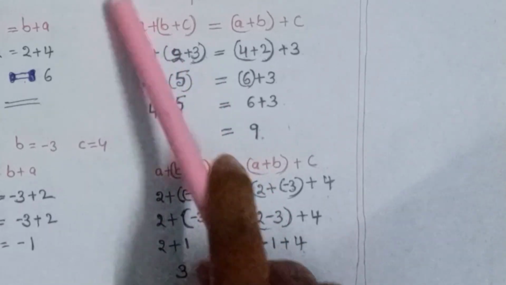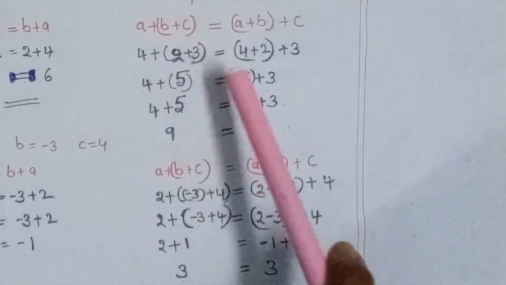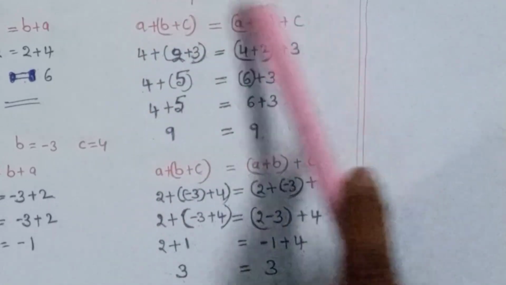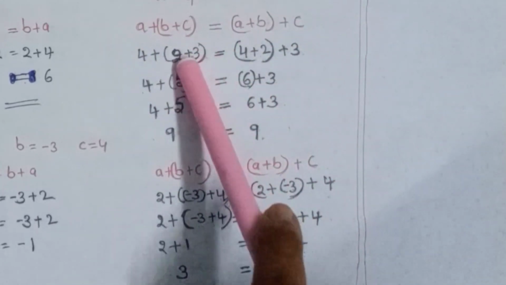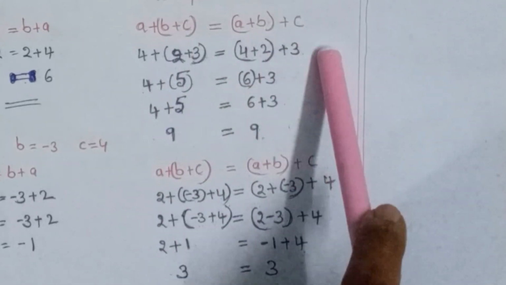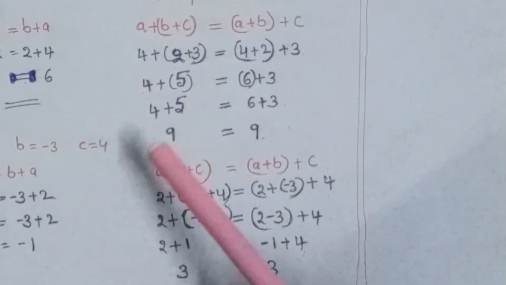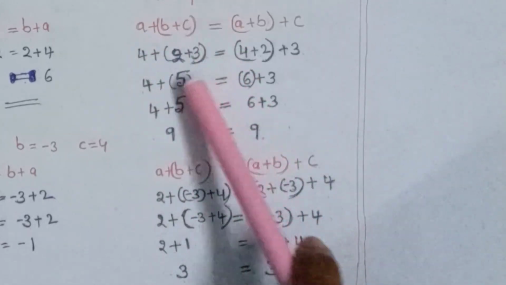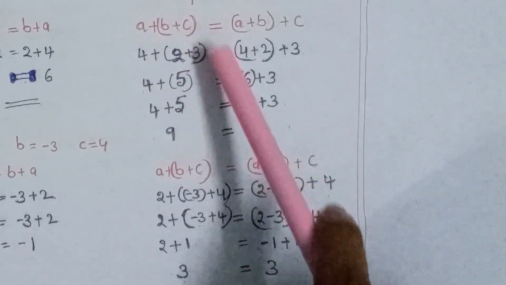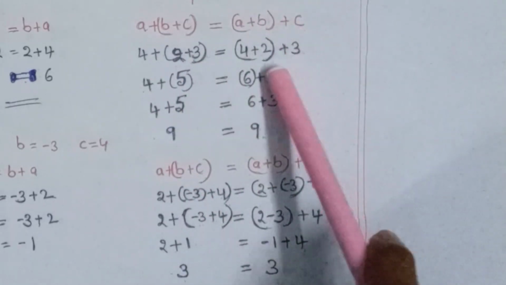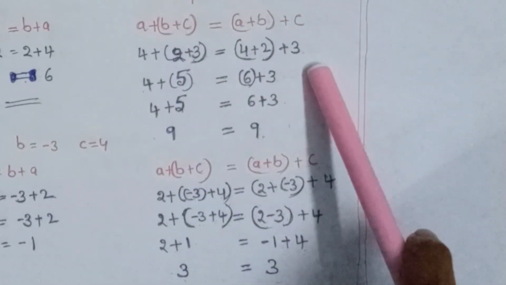Now associative property. In the associative property also, the same a, b, c, these three values are taken and substituted in this (a plus b) plus c is equal to a plus (b plus c). Now we will check it. a is 4, b is 2, c is 3.